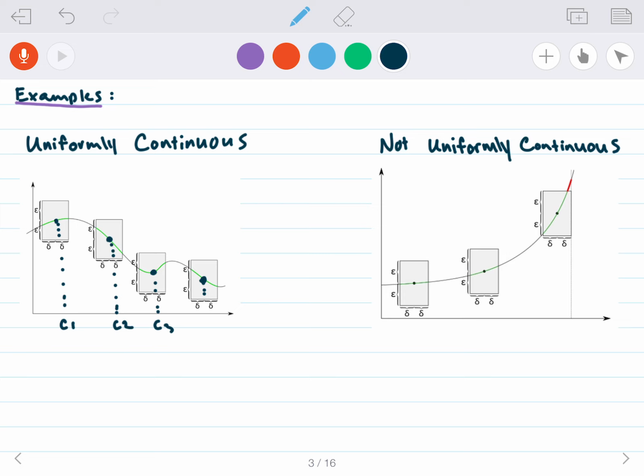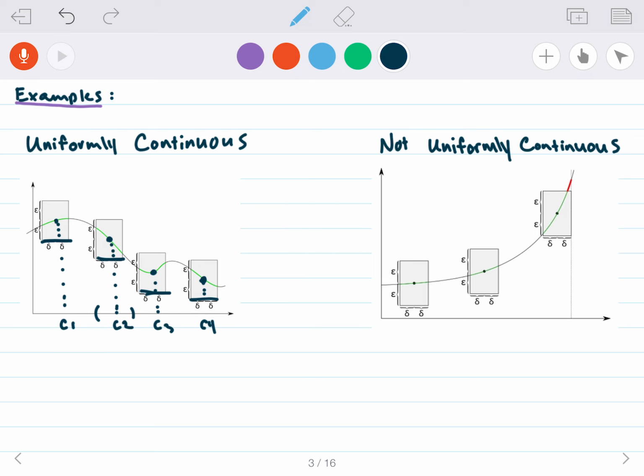Okay, and so uniform continuity says that no matter which epsilon neighborhood I give you, and the epsilon neighborhood is always the same if you notice around all of these f of Ci's, I give you an epsilon neighborhood and a single delta neighborhood will suffice. These delta neighborhoods are the same exact size, right? If you were to project them down here, they're all the same width, okay?